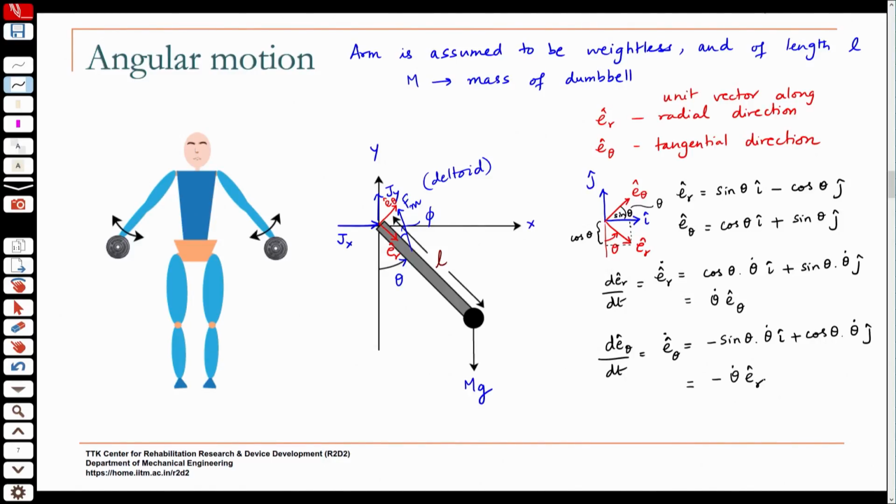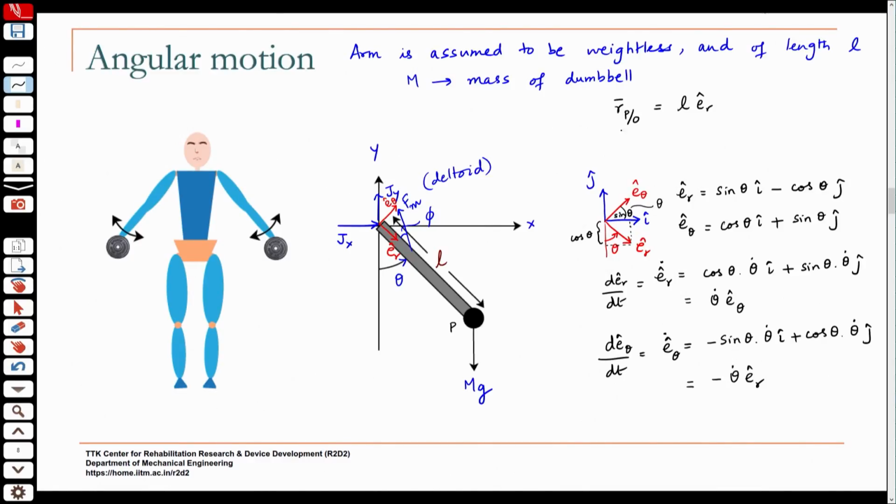We will use these when we try to find the velocities. So, I can write the position of this mass P relative to O as L along Er.